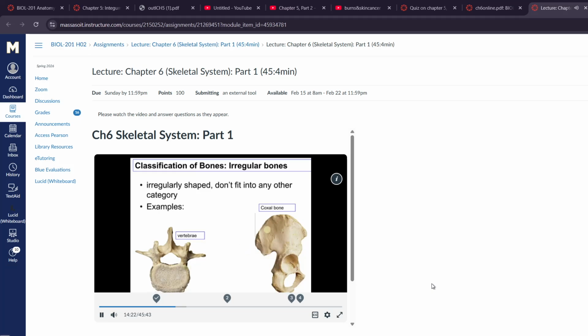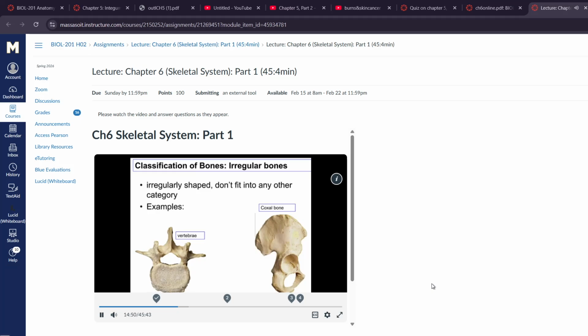Here's another one, the coxal bone, also known as the hip bone. This is half a hip bone. But you might say, well, wait a sec, this part looks like a flat bone. And you would be right, this part is a flat bone. In fact, during development of the skeletal system, the coxal bone is broken into 3 separate bones that all fuse together at some point in growth.